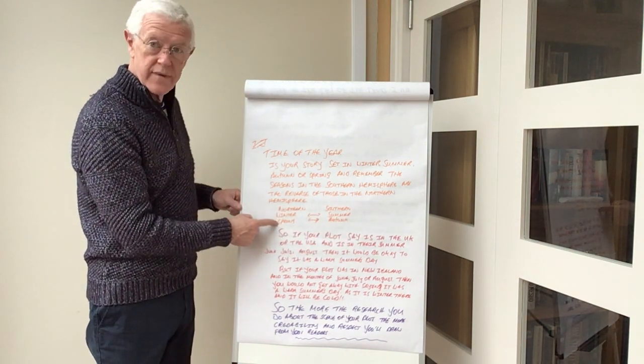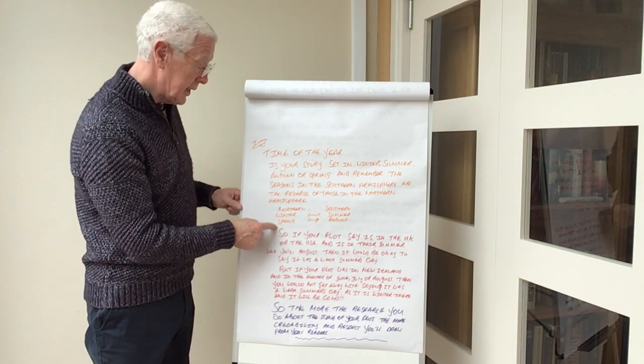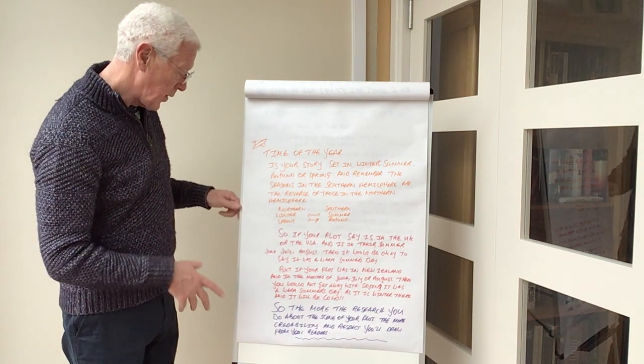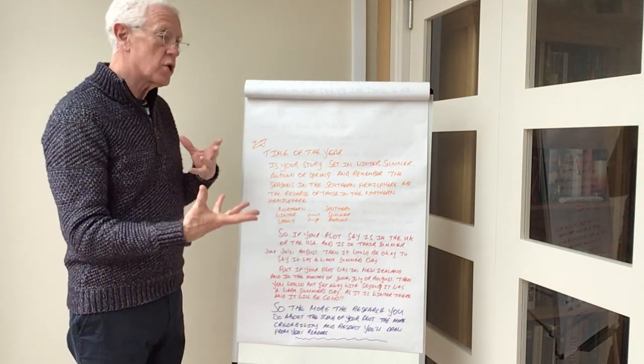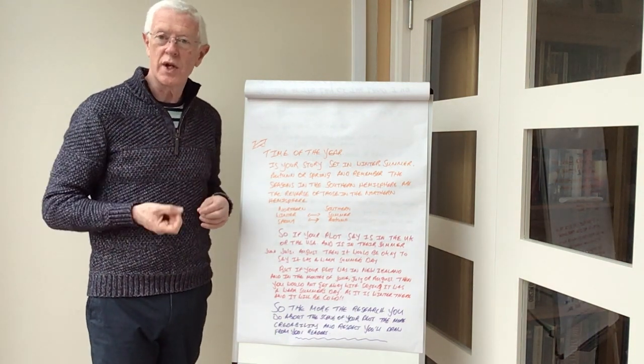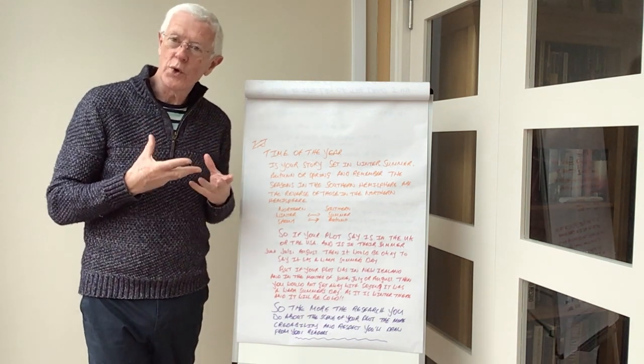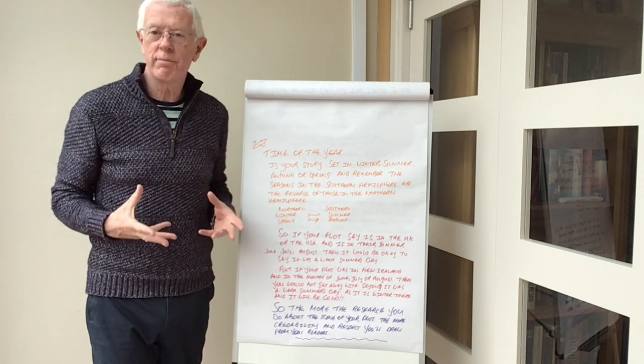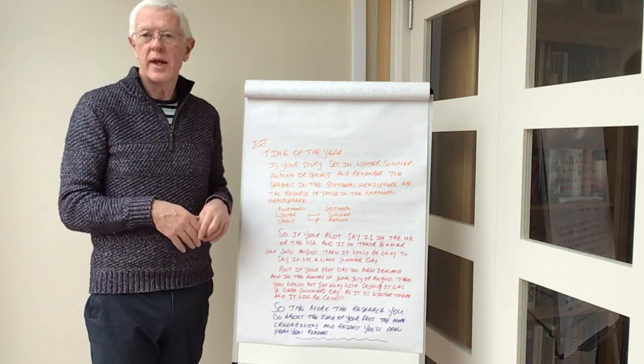When it's spring here, it's autumn in the southern hemisphere. So if your story is set in June, July or August, and your character is set in the northern hemisphere, then yes, those months are probably going to be warm summer days.